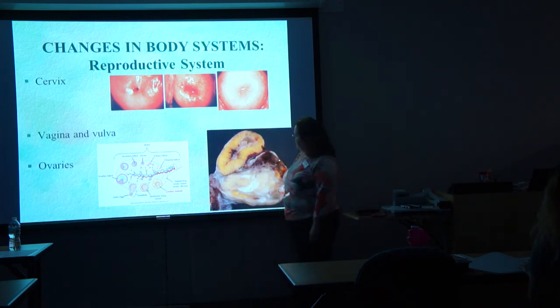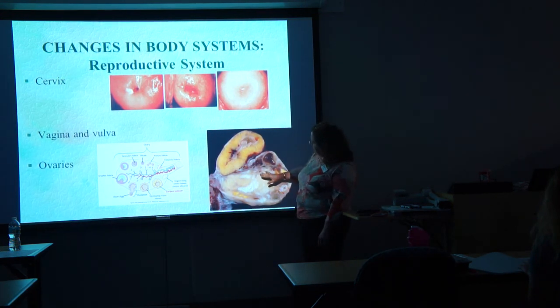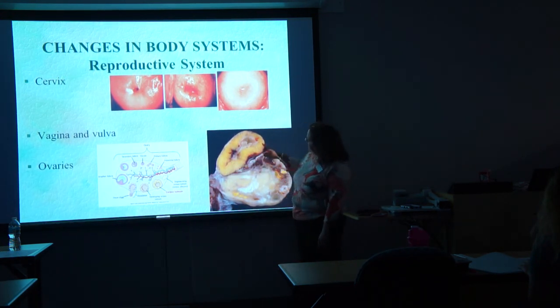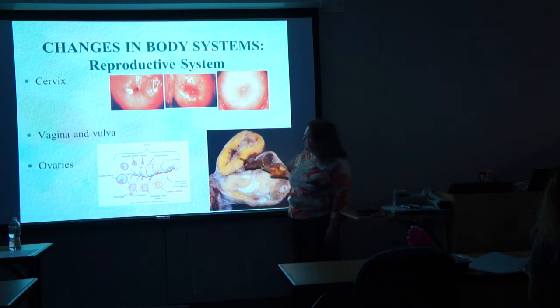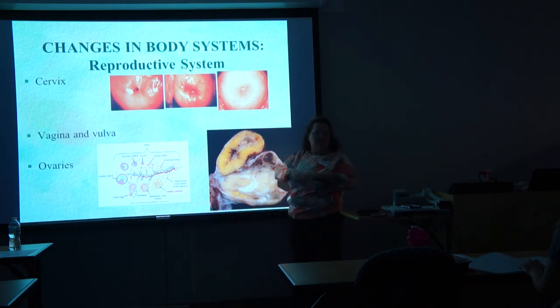So this is literally a cross-section of an ovary, and this is the corpus luteum here. Now some of you might have heard of this before. This doesn't necessarily mean you're pregnant, because if you don't get pregnant, this just goes away. Just gets all small and goes away. But sometimes it fills up with fluid, and some women get a cyst, and they call it a corpus luteum cyst.